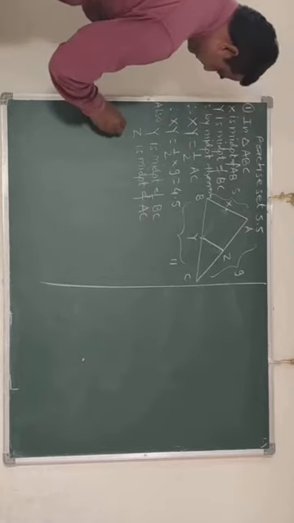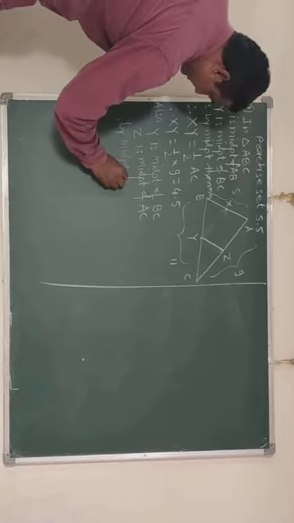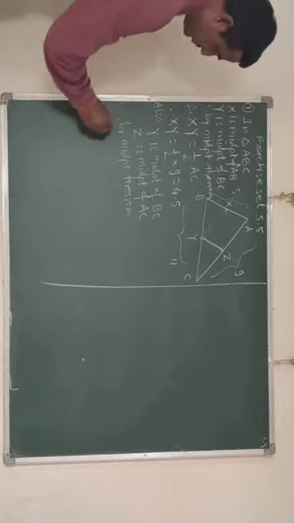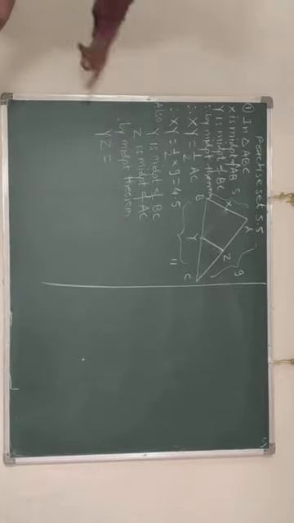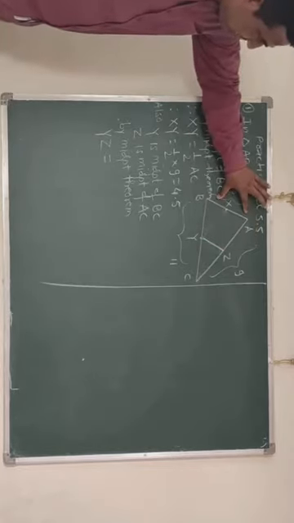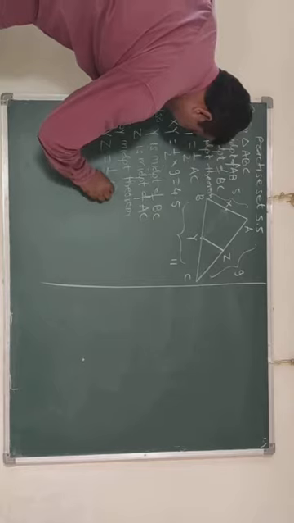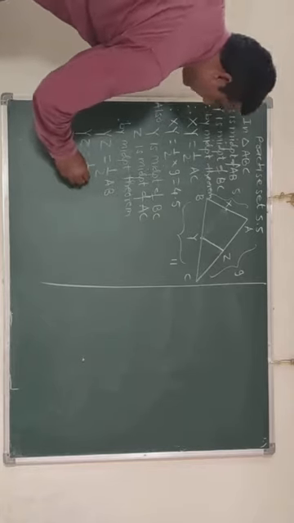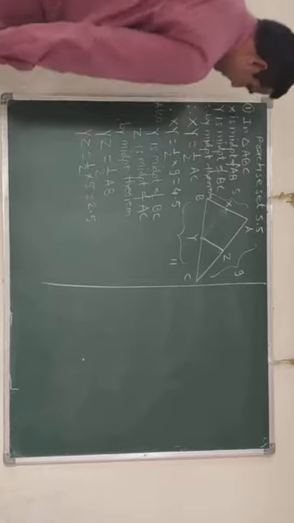Therefore, by midpoint theorem, the line segment joining midpoints, that is YZ, is parallel to AB and half of AB. So YZ equal to half of AB. So here YZ equal to half into 5, that is 2.5. We get the value of YZ.